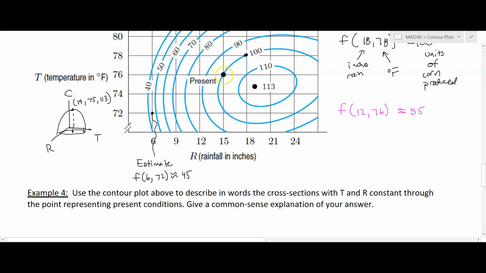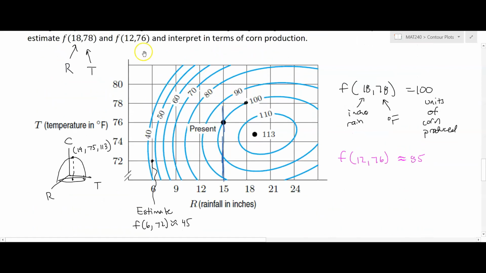So if I'm at that point and I hold rainfall constant, I'm stuck with a rainfall of 15 inches, not degrees, and with 15 inches, I am looking at those temperatures right there.